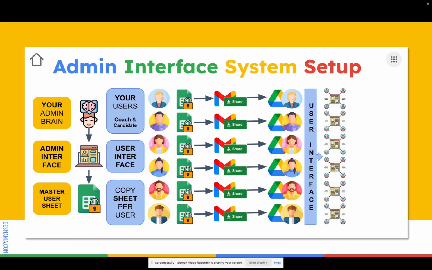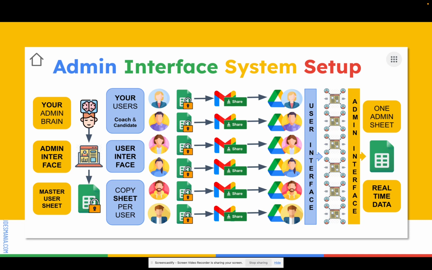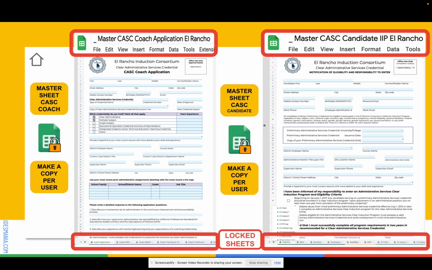That then creates the user interface. As we said, it's one single document for the entire learning environment. The information of that document is then also brought into a single sheet, what we call the admin sheet, which accesses the information in real time. And we'll show you a demo of that.